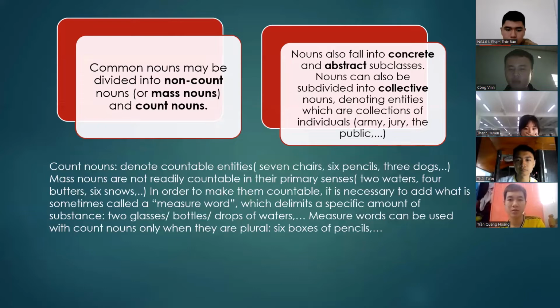Measure words can be used with count nouns only when plural, such as a box and a pencil. Nouns can also be formed into concrete and abstract subclasses. Nouns can also be subdivided into collectives, denoting an entity with a collection of individuals, such as army, jury, and the public.